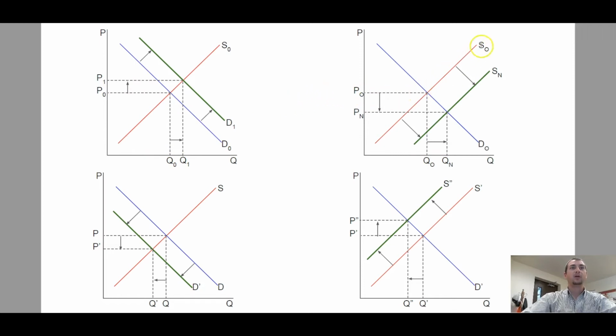Well, if you notice, our original supply and demand lines are labeled as S original and D original on this graph. So we label it as P original and Q original on this graph. Whereas on this one, we look at S0 and D0, so we have it labeled as P0 and Q0.